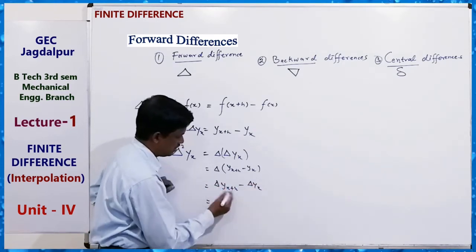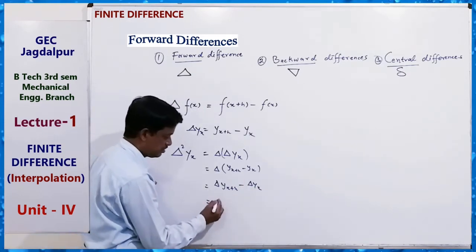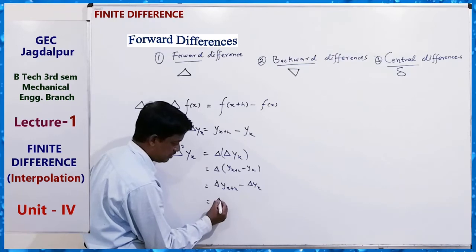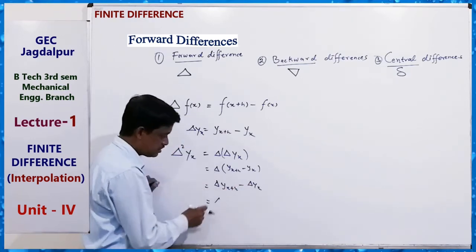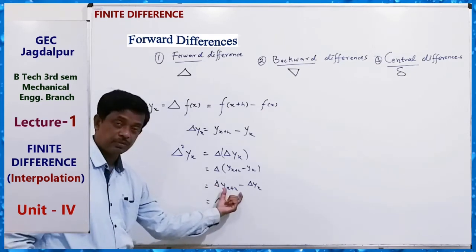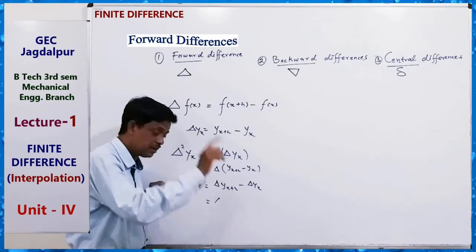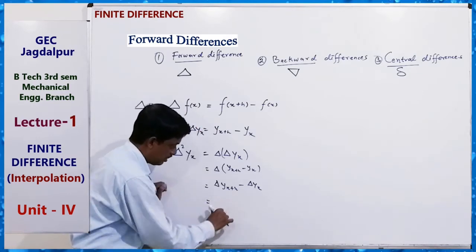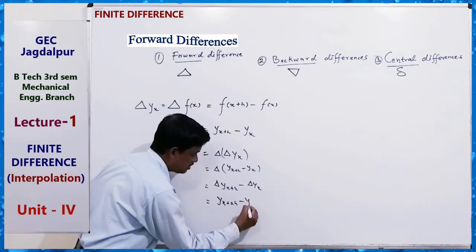Now we can take its difference. Each del is the value of the function at an argument one step greater, minus the value at the original argument. That means y(x+2h) minus y(x+h), minus y(x+h) minus y(x).